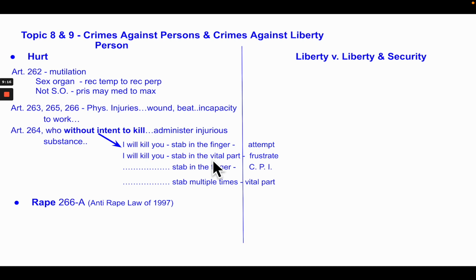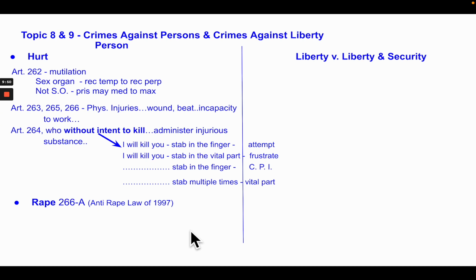So he has completed all acts of execution which should produce the death, but nonetheless it is not produced by reason of causes independent of the will of the perpetrator. And that cause independent of the will of the perpetrator is your medical intervention. That will become a frustrated crime. Like I said, Article 6 is not discussed in your syllabus, but nonetheless, we discussed it.